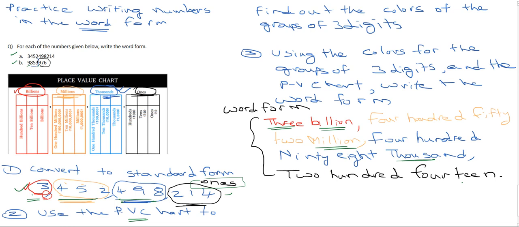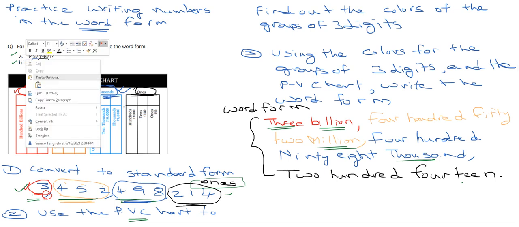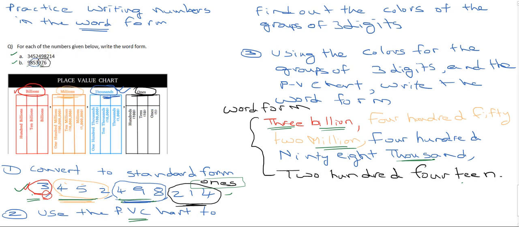This is the thousands group of 3 numbers, and this one is the group for millions, value of millions. So use the same method and practice that example.